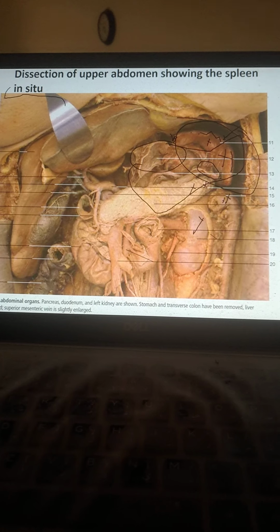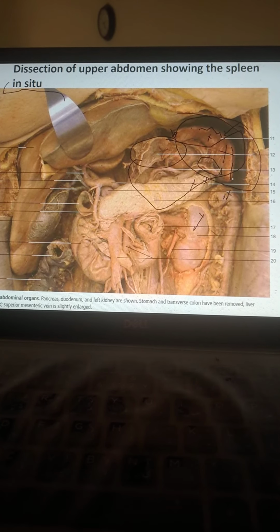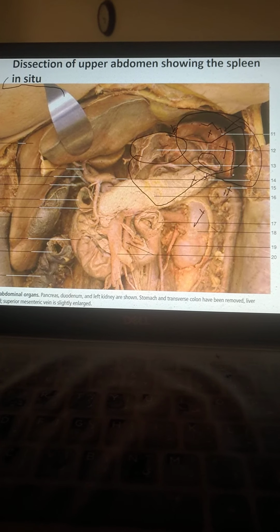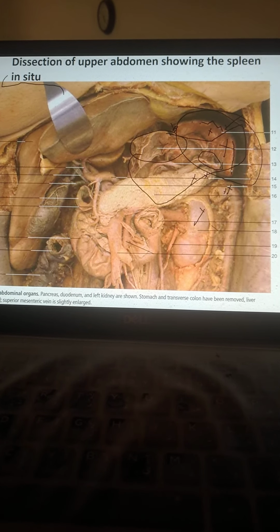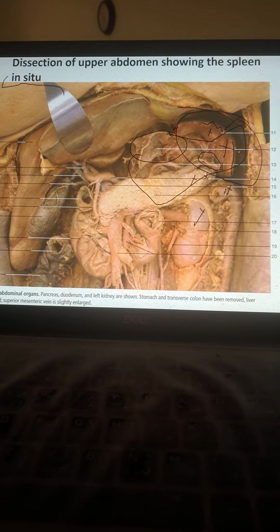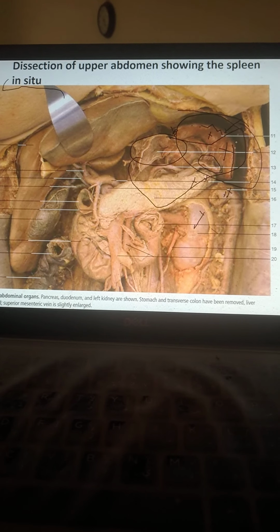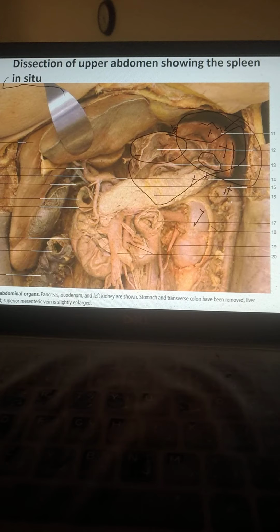And it has also here the lateral end or anterior end, or you can say lower end. So, as I mentioned, the visceral surface is related to the organs, and here is the diaphragmatic surface which is related to the diaphragm. That's all regarding the general features of the spleen.